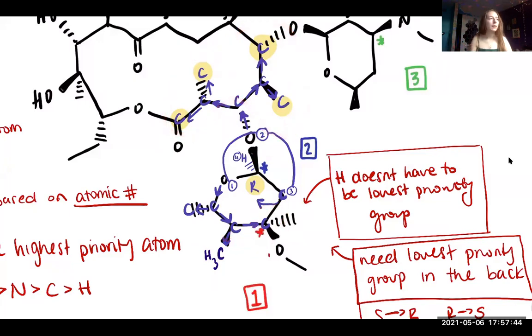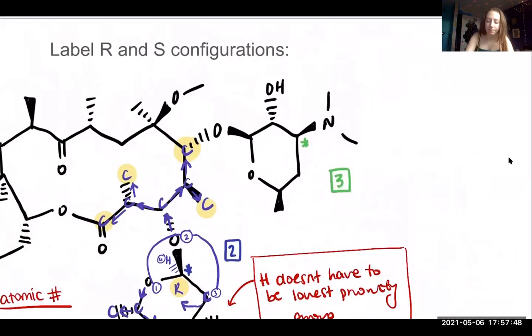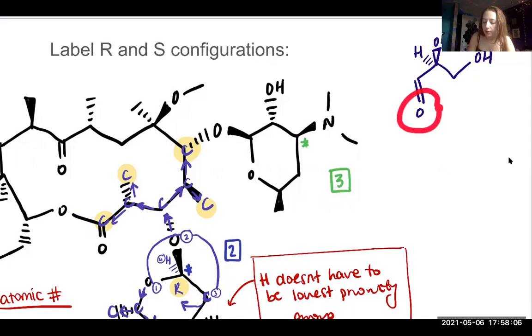And we'll also see that happen with double bonds, where if you have something like this, the one right here would be higher priority because it's as if you're connected to 2 oxygens as opposed to 1 right here.